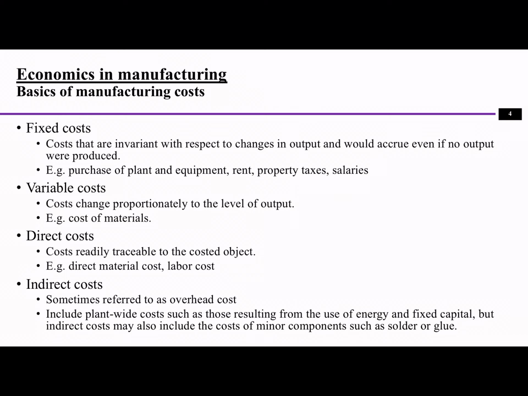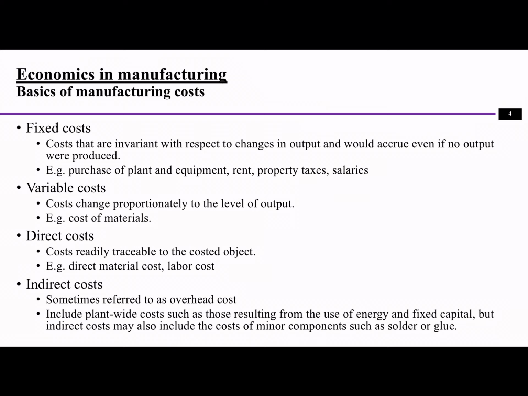So what it means is that, for example, if you purchase the plant and equipment, it's your rent, and also property tax or salaries. Regardless of whether you produce products or not, you have to pay them, right? Or regardless of how many products you make, you have to pay that.